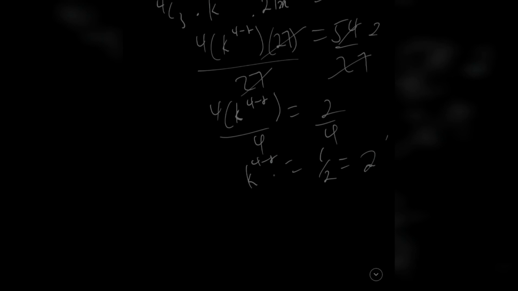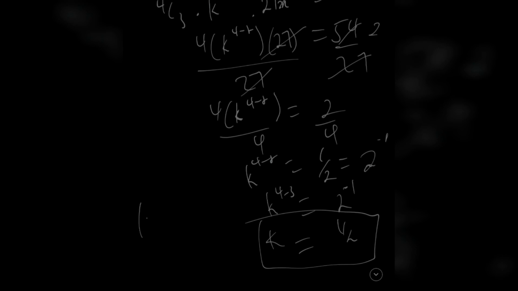But what was the value of r over here? I forgot to replace the value of r in this one. So r is 3, so we get k, 4 minus 3 is 1, so k will be equal to 2 power minus 1, which is the same thing as half. So our value of k will be equal to half, or 0.5.